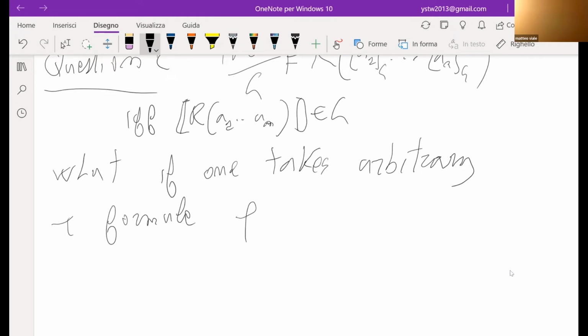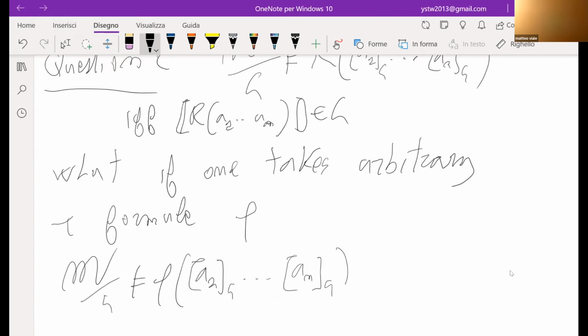So do I have in this case that M mod G models phi of [A1]_G, ..., [AN]_G if and only if phi of A1, ..., AN belongs to G?